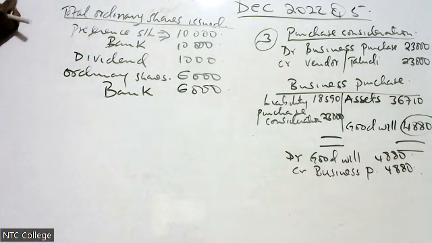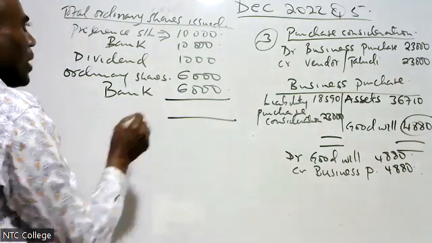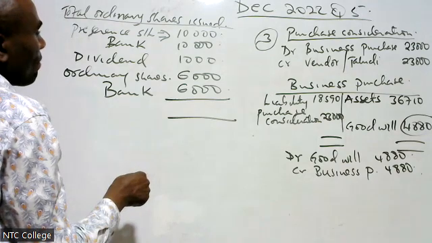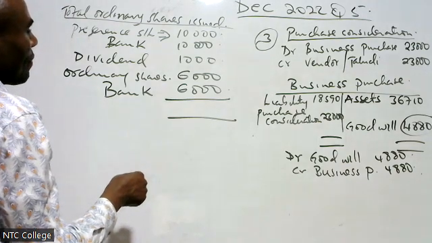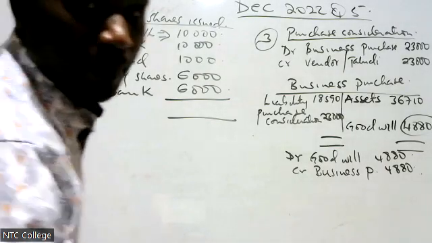Because it was credited as shillings 5, they were to pay another 5 to make it 10. Therefore, these shares of shillings 10, when you add them together, we get how much?